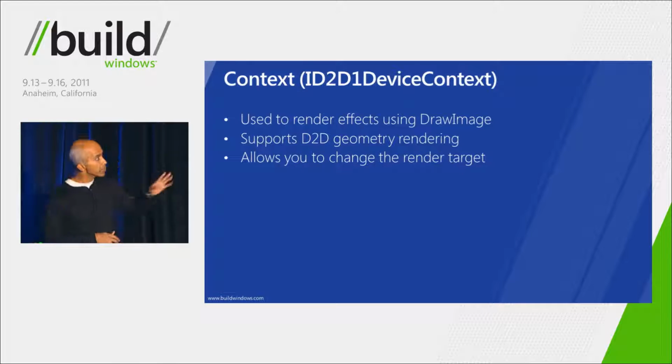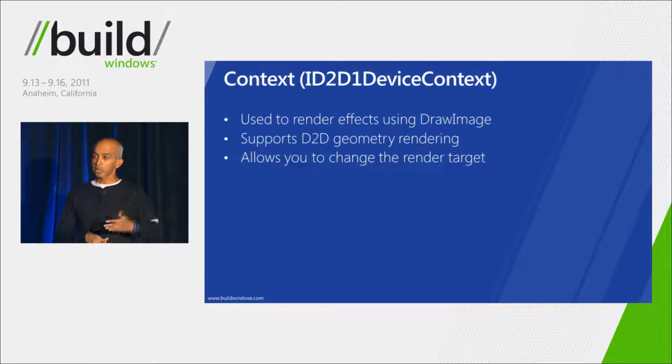So the interface for that is the ID2D1DeviceContext, and it has the SetTarget, which I will get to in a second when I walk through the code, that changes the rendering target, as well as all the draw calls that you're familiar with, such as DrawGeometry and DrawText, as well as the new DrawImage call.